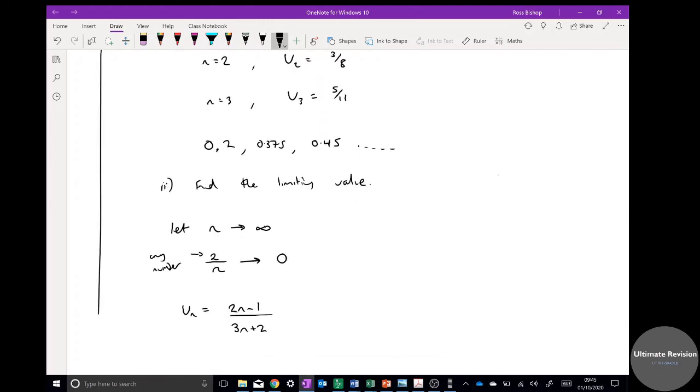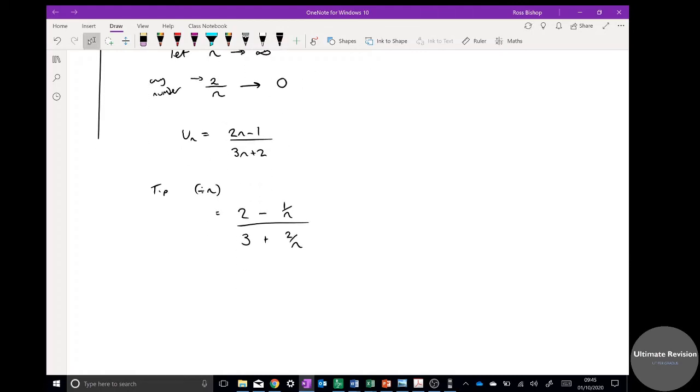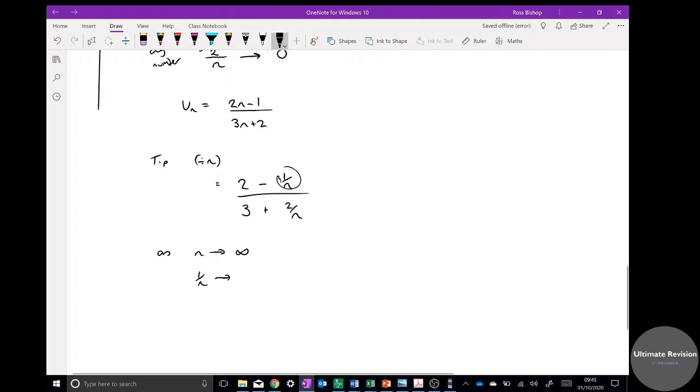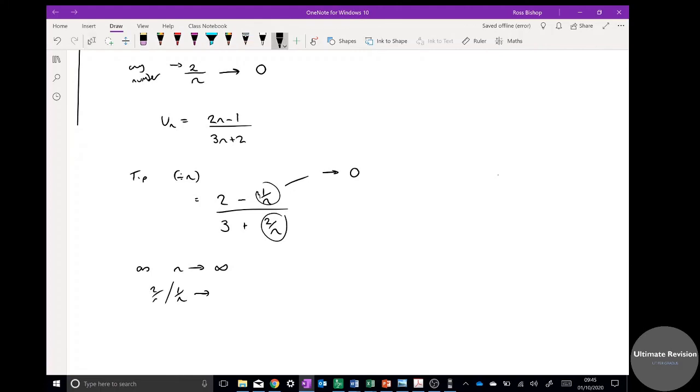So if we go back to our equation then, u_n equals (2n plus 1) over (3n plus 2). Now the tip here is to divide everything by n. If I divide every term by n, that's completely fine. I get (2 plus 1 over n) over (3 plus 2 over n). Now, as n goes towards infinity, 1 over n on the top is going to go towards 0, and also 2 over n will go towards 0.